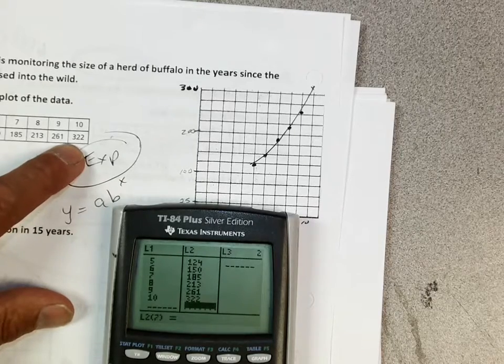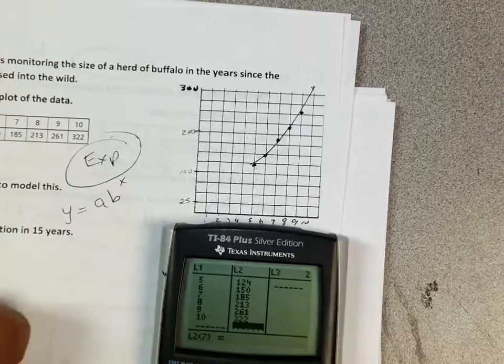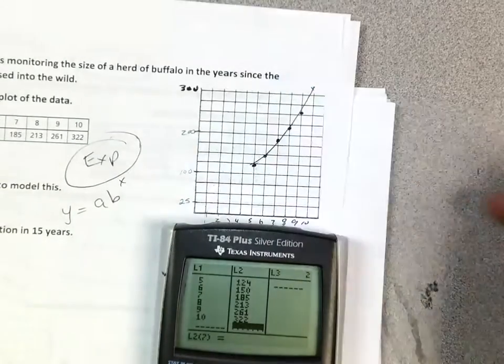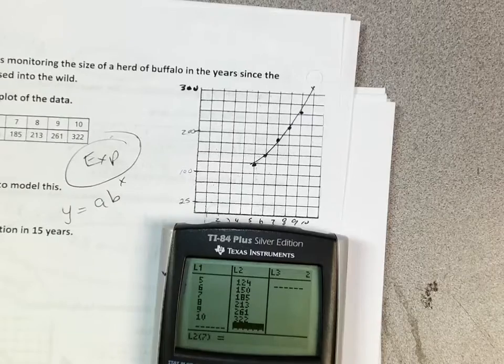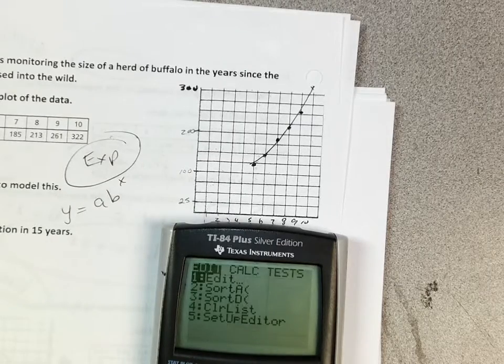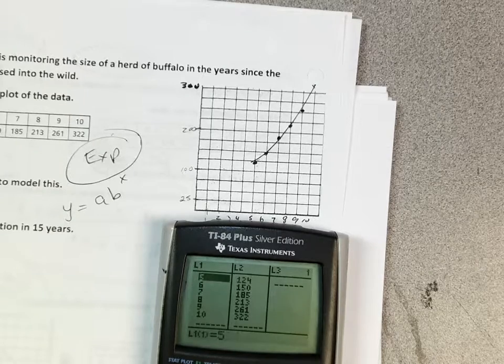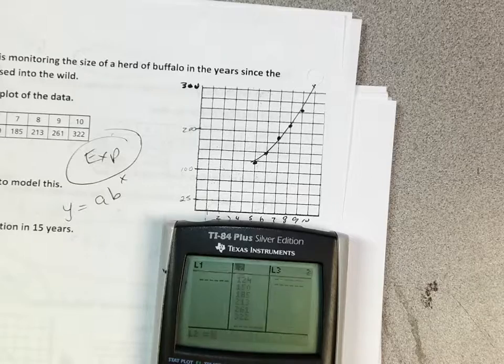Okay. So the book seems to think it's exponential, right? Kind of looks exponential to me. It's got that growth there. So let's try it. I'm going to go to stat again, and I want to put some new numbers in. So I'm going to clear my list. Let's put new ones in.